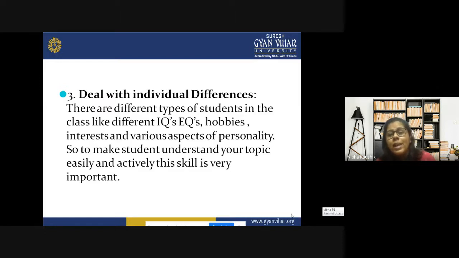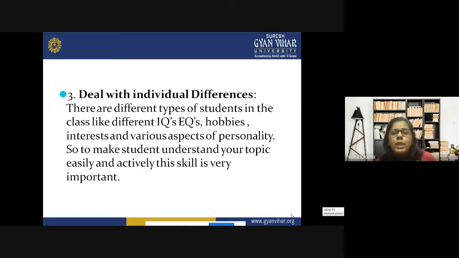They are not the same, and there are differences. There are differences on the basis of their individuality, their needs, the way of doing things, and their learning strategies.